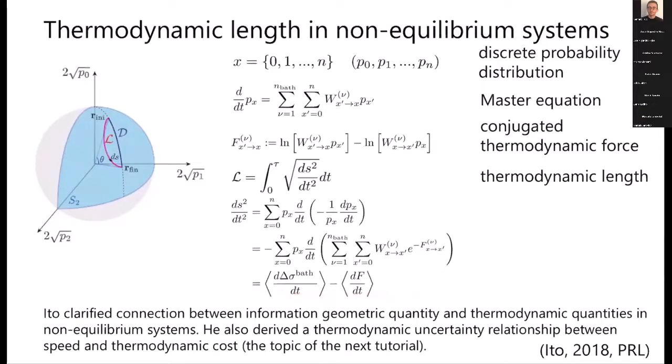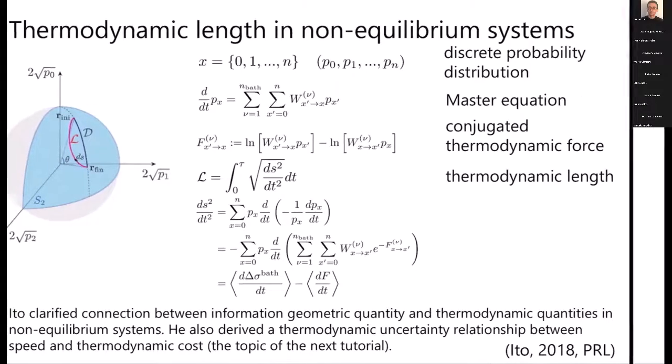I'll skip the details, but the important point here is that Ito-san clarified the connection between information geometry quantities and thermodynamic quantities in general non-equilibrium systems. And he also derived the thermodynamic uncertainty relationship between speed and thermodynamic cost, which is the topic of the next tutorial. But for the sake of time, I think I should skip the details.